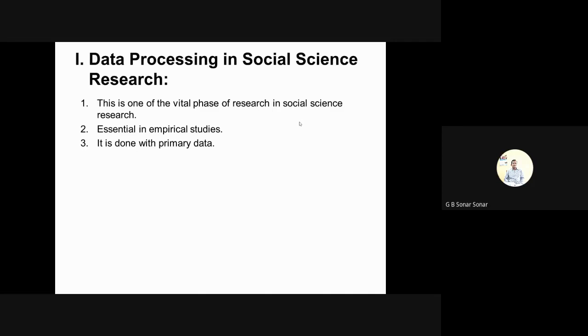So when we are collecting data by doing fieldwork, we will be collecting data from the respondents through the techniques of interview, observation, case studies, focus group discussion, etc. So this data collected by the researcher for the first time from the respondents is called primary data, and data processing has to do with the primary data only, not the secondary data, because secondary data is already pre-processed or pre-purified.